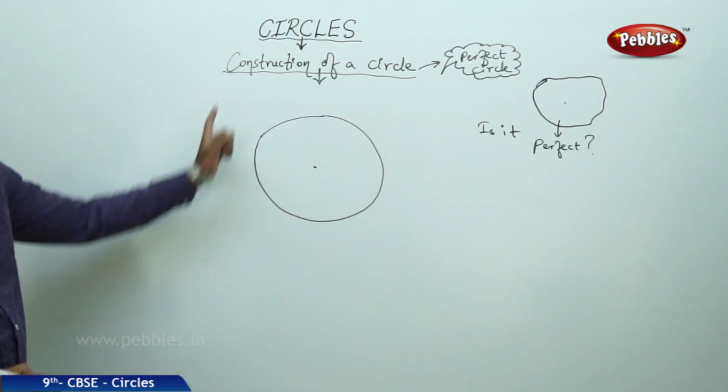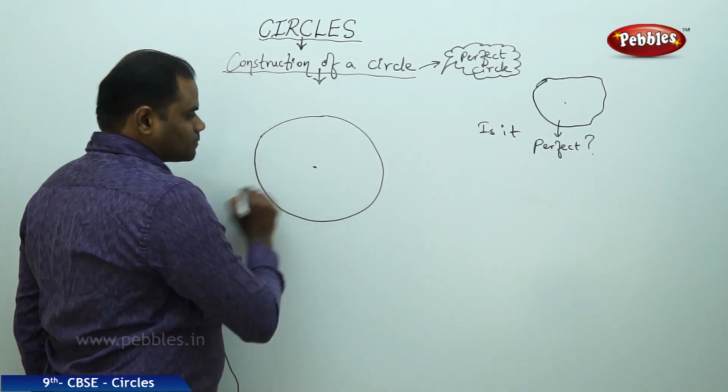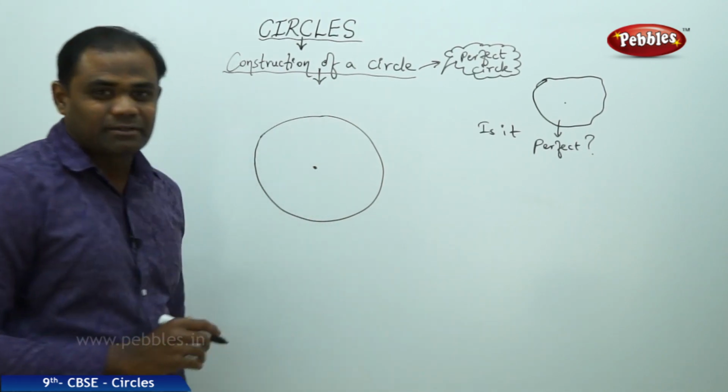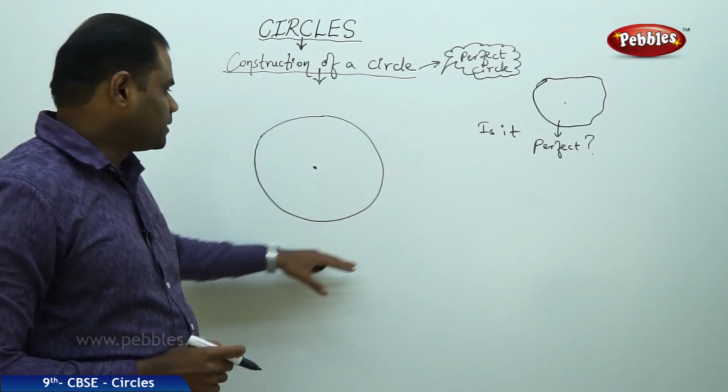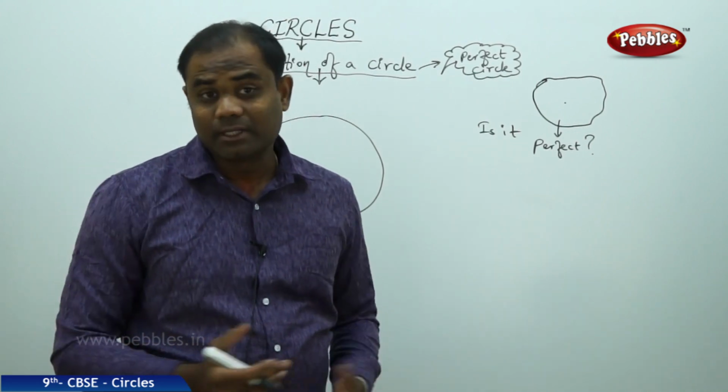So I get a shape which looks like this with the fixed point of the compass. The shape I get when I take the fixed compass and move the pencil around throughout the page is what a perfect circle is.